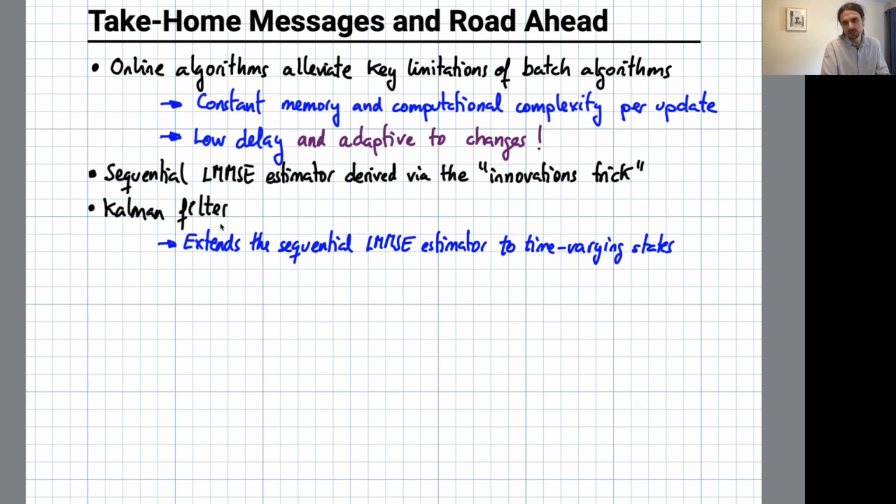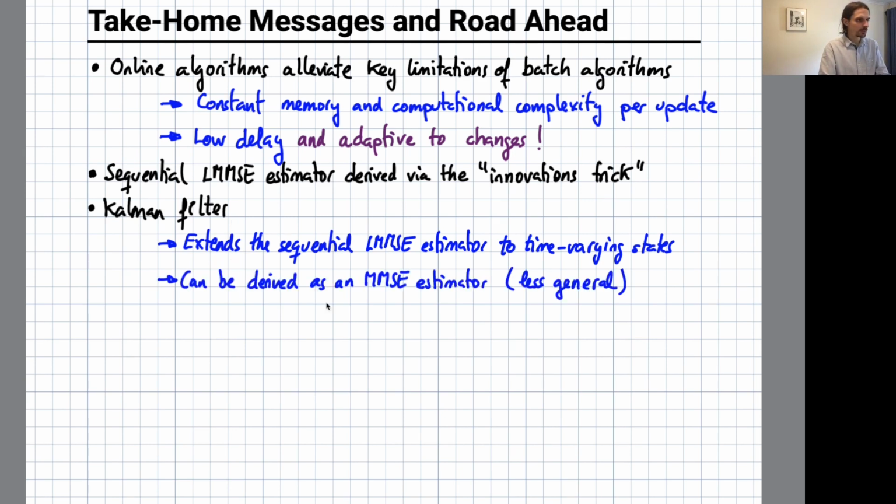We didn't derive the Kalman filter, but since we know how to derive the LMMSE estimator, this is not much more complex. As you saw, it just involves this prediction step, right? So things are a little bit different, but the core ideas are already present in the derivation that we did. You are, of course, welcome to take a book and do the derivation, but there's nothing fundamentally new there.